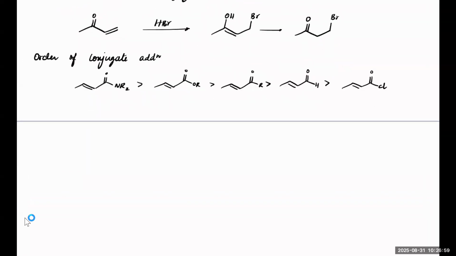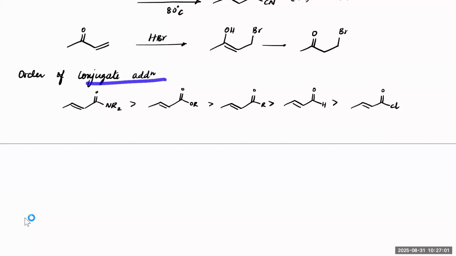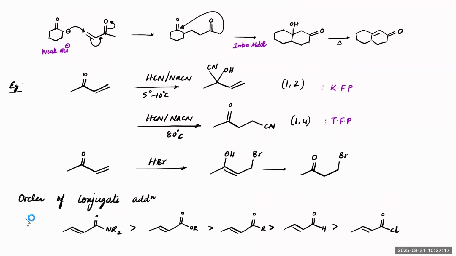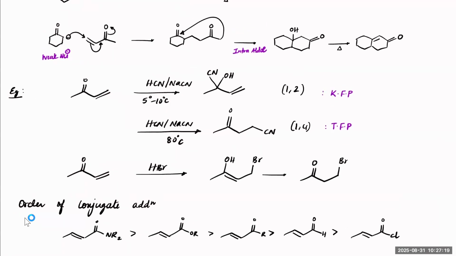So you can see the order of conjugate addition, beta. The first addition is always for amides, then esters, then ketones, then aldehydes, then acid chlorides. I would suggest do not worry too much about the mechanism and theory behind it.